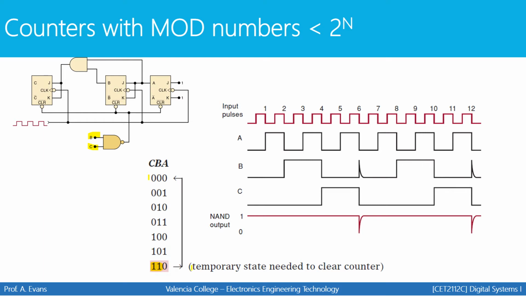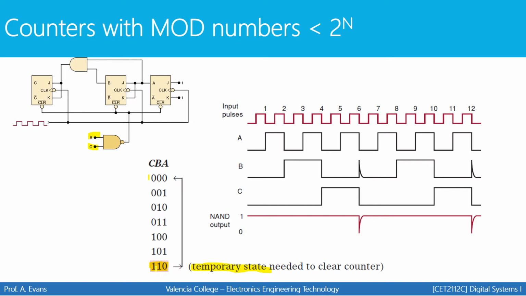We call this a temporary state or a transitive state. It's a temporary state because as soon as C and B are high, the NAND gate is going to clear the flip-flops so fast, it'll be reset before you ever even realize that the output was 110. It happens almost instantly. So we don't really consider this 110 as a state because it happens so fast you can't physically see it or capture it.